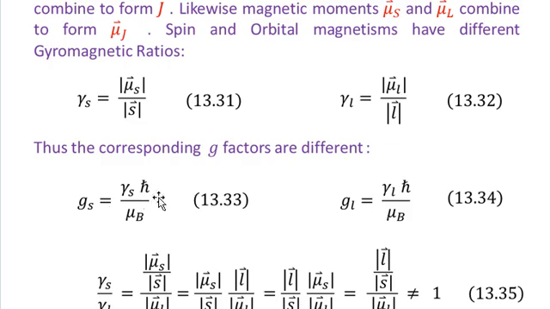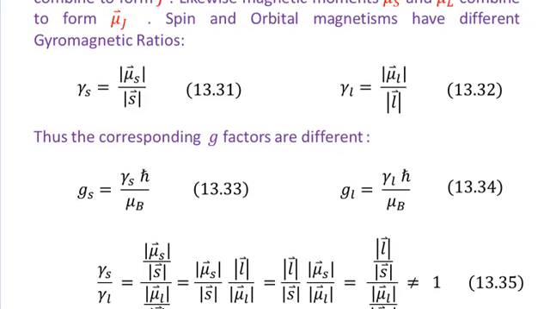So Gs is equal to gamma S times h bar over mu B, where mu B is the Bohr magneton, and similarly Gl is equal to gamma L times h bar over mu B as shown in equation number 34, and Gl is actually the Lande G factor due to orbital magnetism, and Gs is the Lande G factor due to spin magnetism.